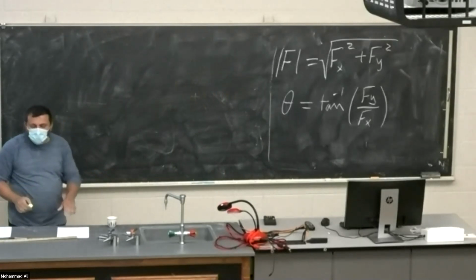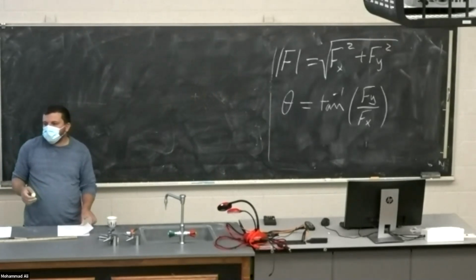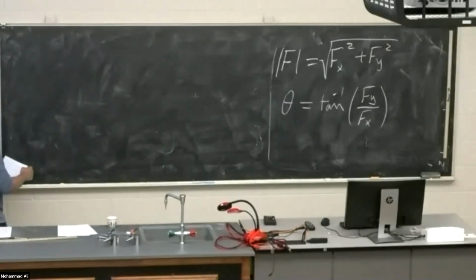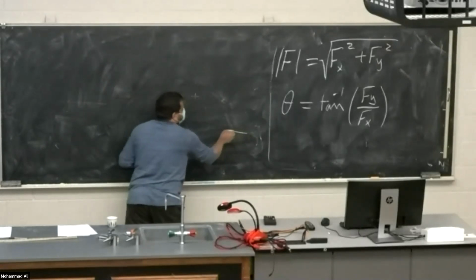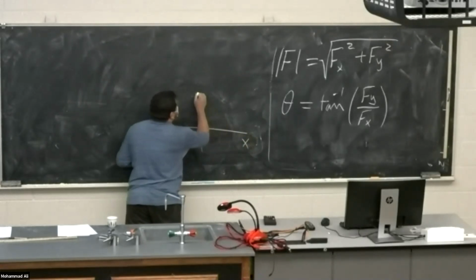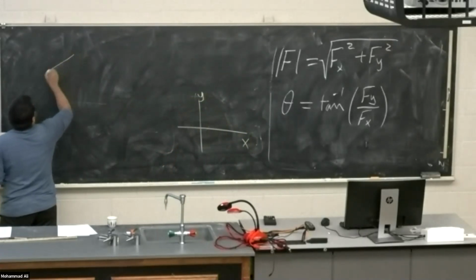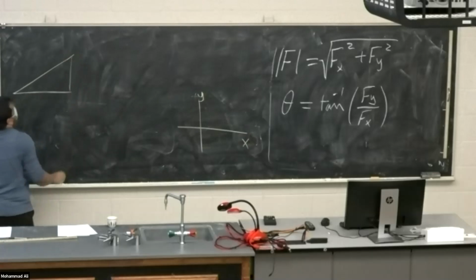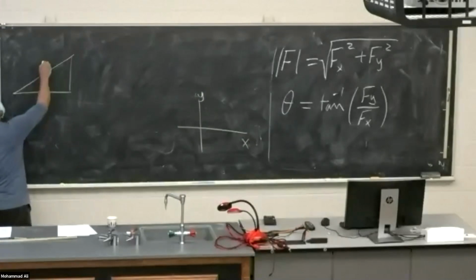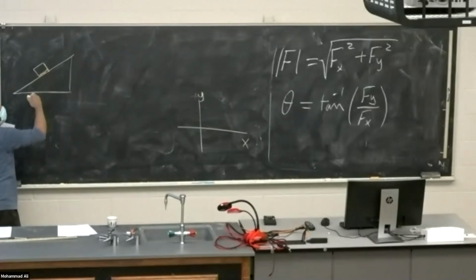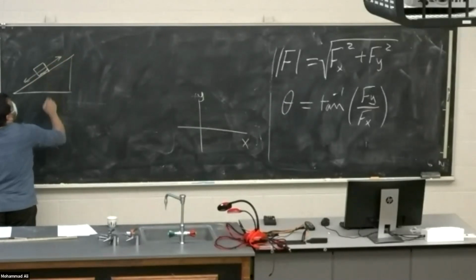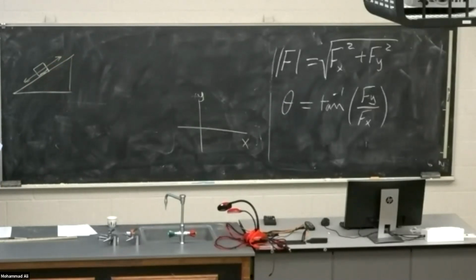To start solving a problem, we need to choose our coordinates, x and y. Originally, we choose this as x and this as y. But sometimes this does not work for us. For example, if we have this incline and this object, and the motion is along this direction, it is not suitable to choose this as x and this as y.